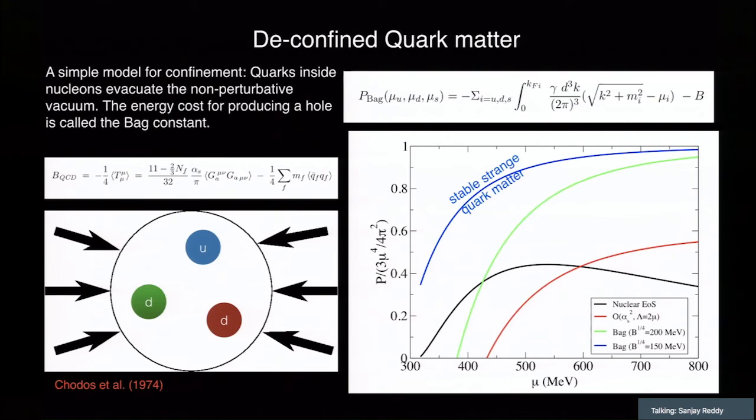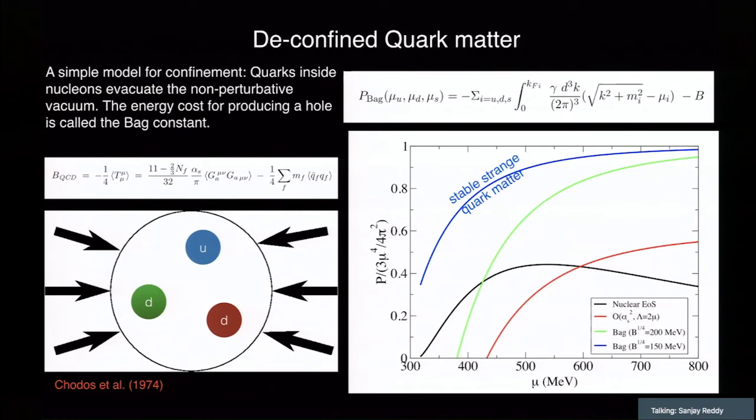Now, if you take a bag model, there is still this unknown coefficient associated with the vacuum energy of QCD, which is denoted by B. And if you choose a value of 200, which is favored by phenomenology, then you see that the phase transition happens at a chemical potential of order a little larger than 400 MeV.